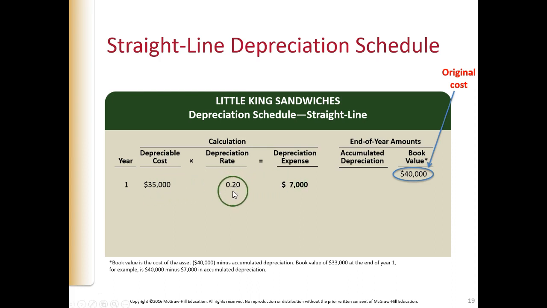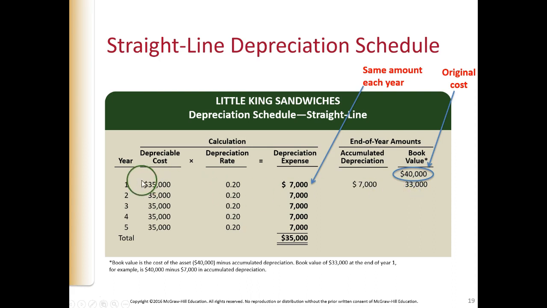The 20% is 1 over 5. Remember, 5 years estimated life, divide that into 1 and get 20%, and then that gives us $7,000 depreciation expense. At the end of the first year, the accumulated depreciation will be $7,000, and the book value drops. So book value is always original cost minus accumulated depreciation. So 40 minus 7 gives us $33,000.